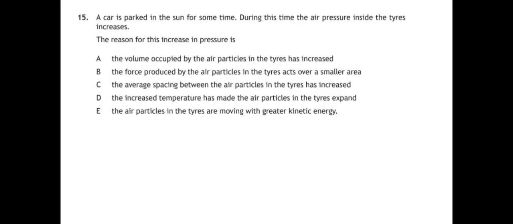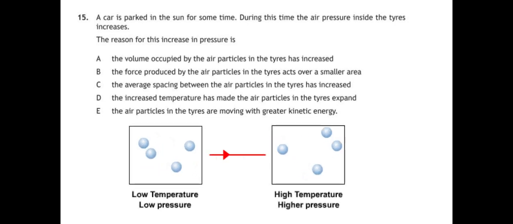Question 15. A car is parked in the sun for some time. During this time, the air pressure inside the tyre increases. The reason for this increase in pressure is, well, what's going to happen if the car is parked in the sun is that the air inside the tyre will heat up. When a gas heats up, the particles will move faster.